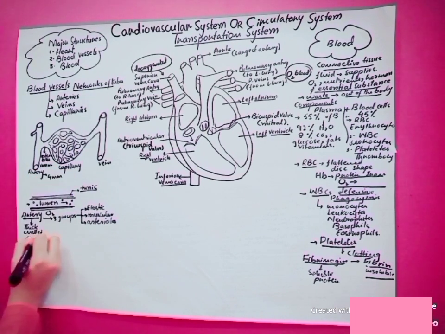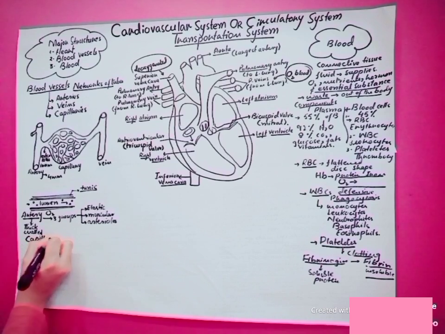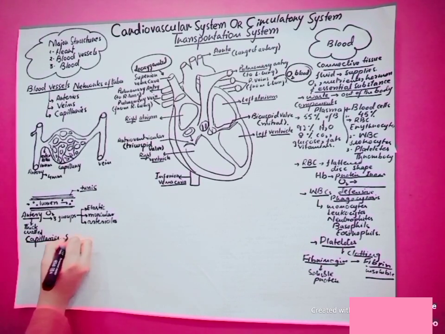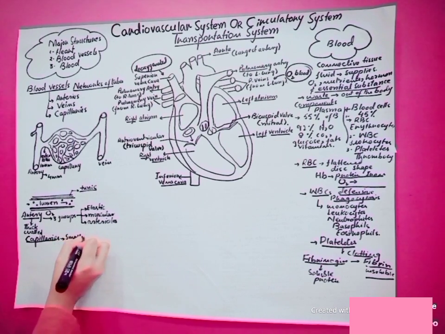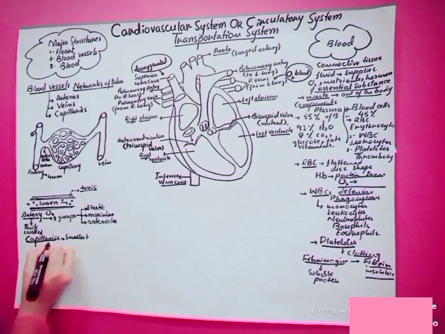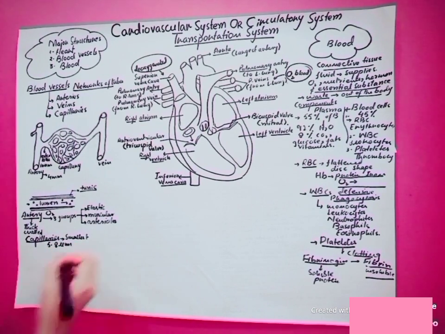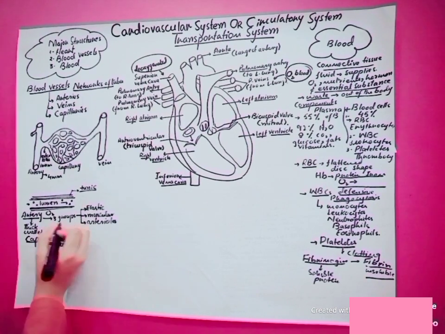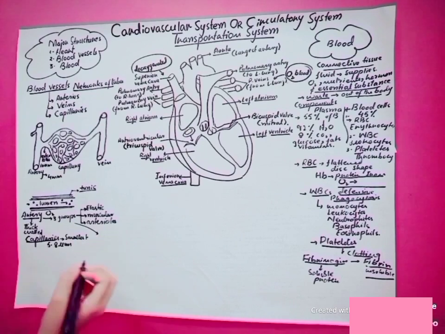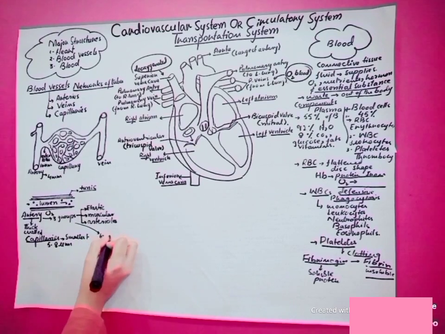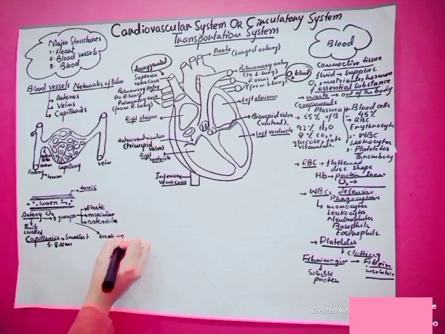Now capillary. Capillaries are smallest blood vessels. They are 5 to 8 micrometer in diameter. The arterioles break up into capillaries.